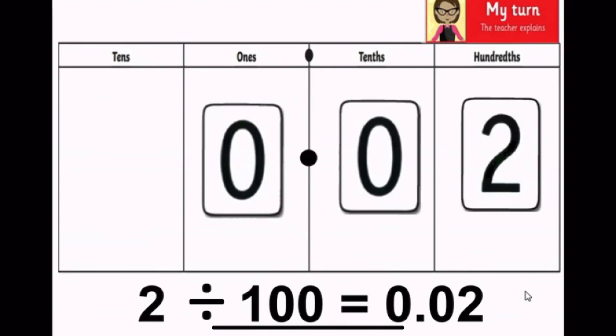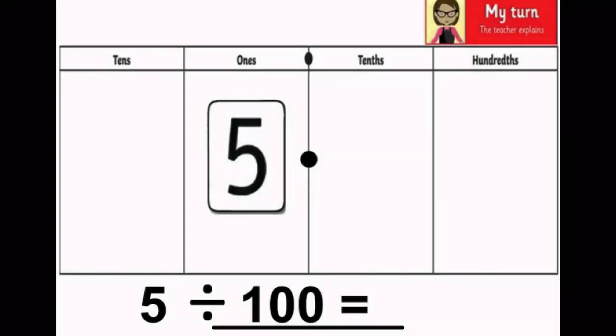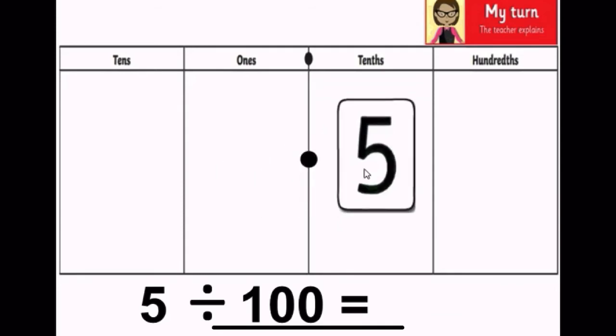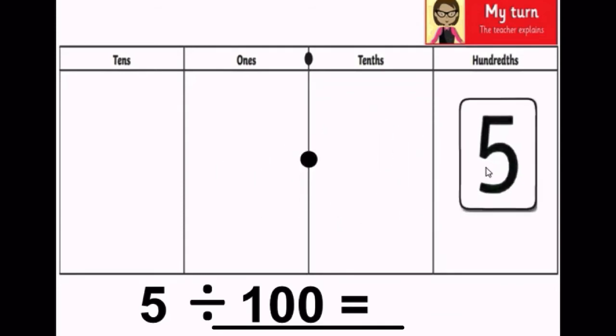Let's have a look at another 1-digit number divided by 100. So we're going to have a look at 5 divided by 100. So we now know that this 5 needs to move 2 places to the right to become 100 times smaller. So I'm going to move it once, that's divided by 10, but I'm going to move it again, twice, so it's been divided by 100.